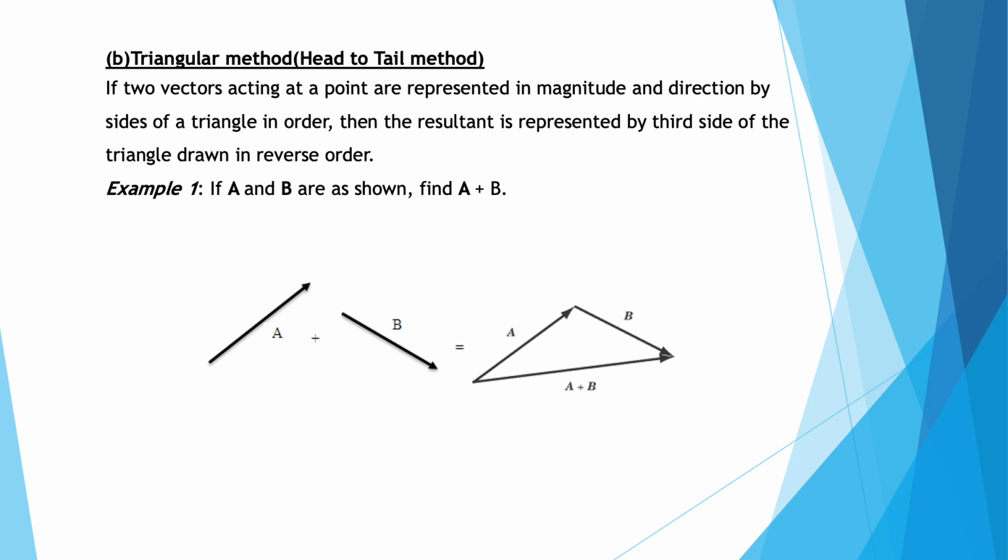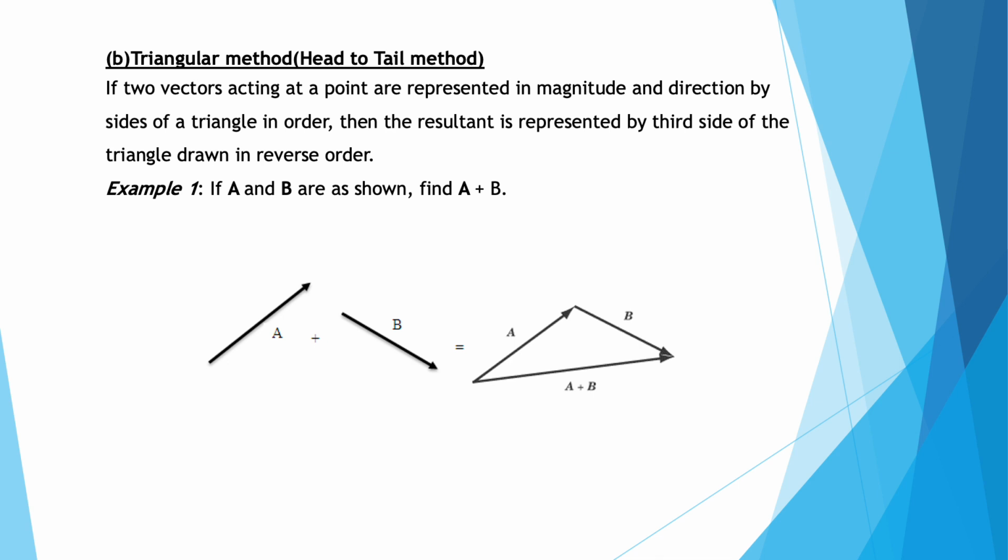First, we have to draw the vector A using a proper scale. Then we draw vector B and bring vector B near to the head of vector A. Keep in mind, in the parallelogram method we join the tails of the two vectors. Here we have to bring the tail of vector B near to the head of vector A. That is the difference.